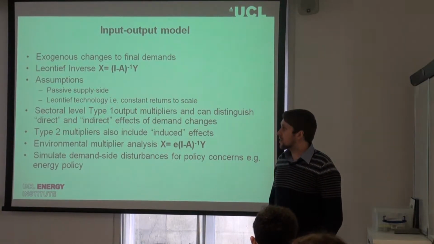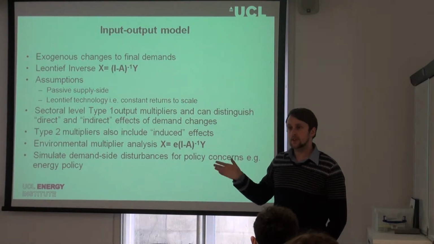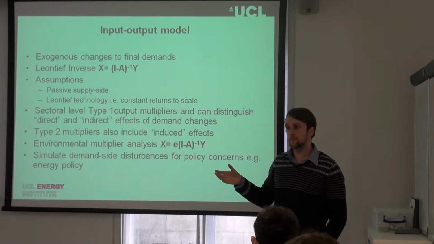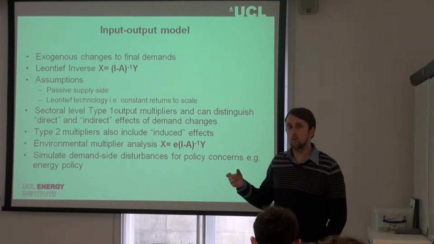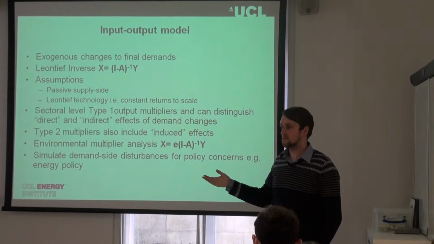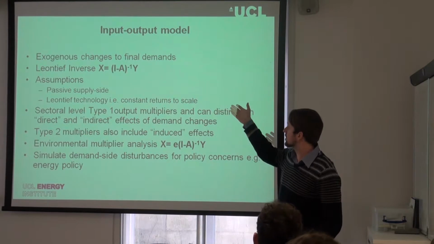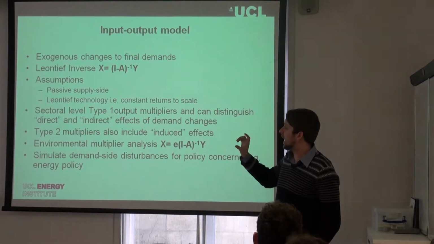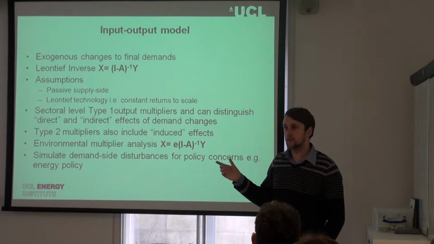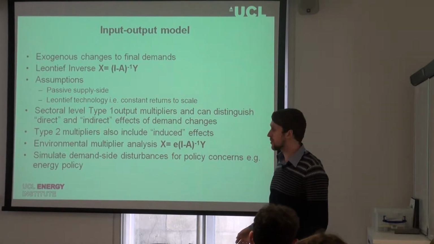So what you can do with an IO model is look at changes in final demands, or basically model what would happen if you believe there would be an increase in demand in a certain sector of, say, 10%. You make a few assumptions and you use some matrix multiplication. I'm not going to go into all of the details, but if anyone does ever want to know, I'm more than happy to talk through it.